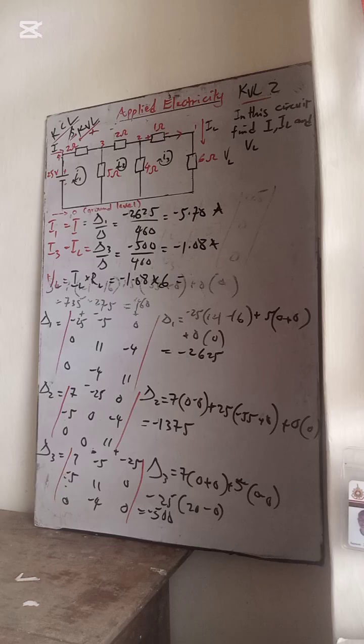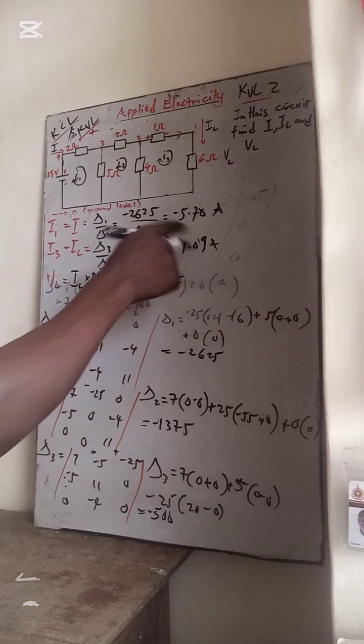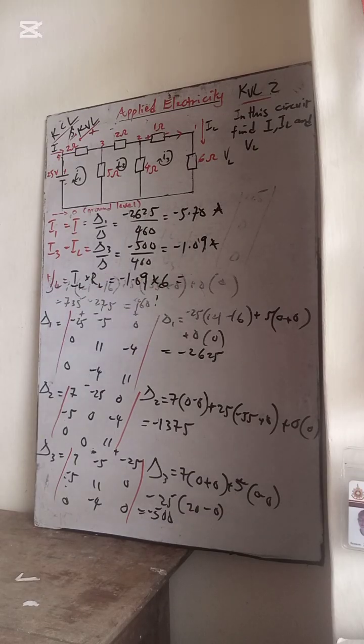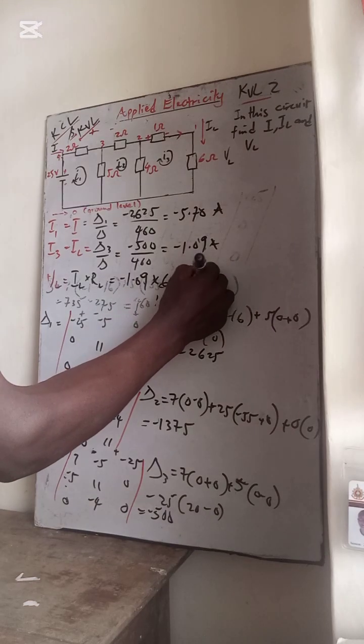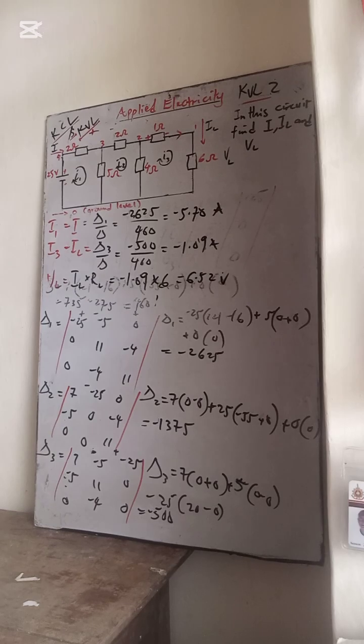Approximately this should be 1.09, I didn't approximate, so it should be 1.09 multiplied by 6. So that's 6.52 volts. So that is the end of this applied electricity for the Kirchhoff voltage law.